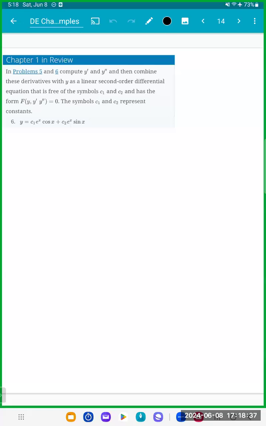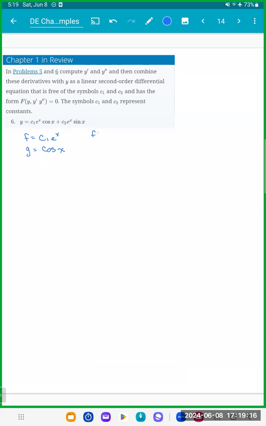So in the review, this kind of coincides with problems 5 and 6. And we want to compute y prime and y double prime, and then combine those derivatives with our y equation here to get the differential equation. Okay. So first of all, let's go ahead and look at our first equation here. So we have f and g, right? If my f function is c1 e to the x, and we'll use the product rule for that. And so the second one is the cosine of x.